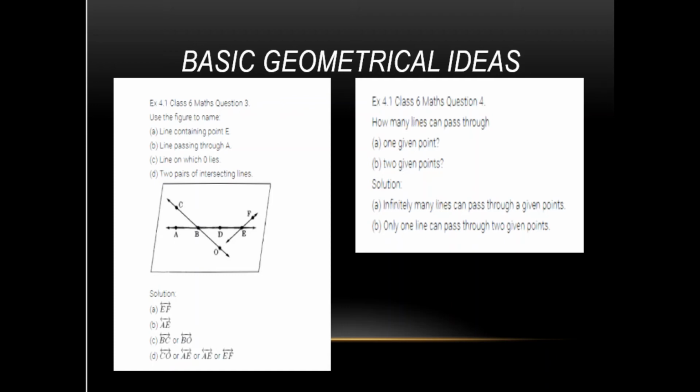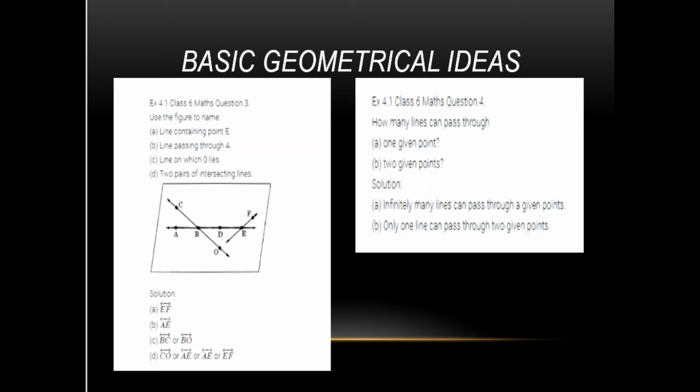Then a line on which O lies, it is BC, or you can say BO. Then two pairs of intersecting lines, that is OC or AE, means you can see this pair, and the other one is, that is AE and EF.